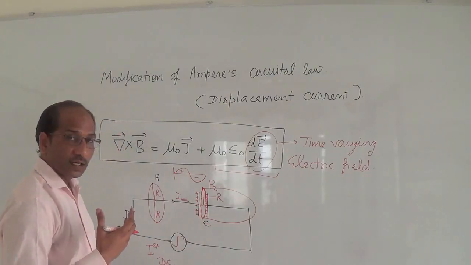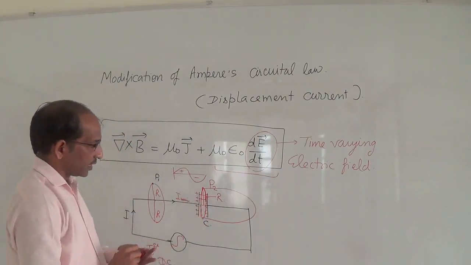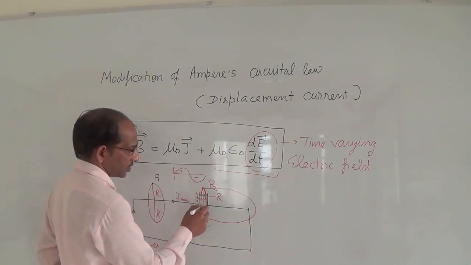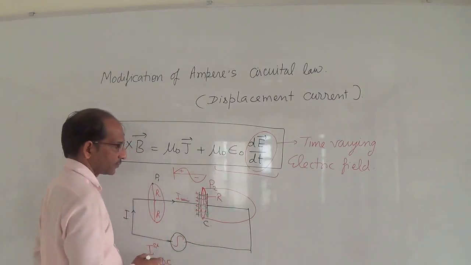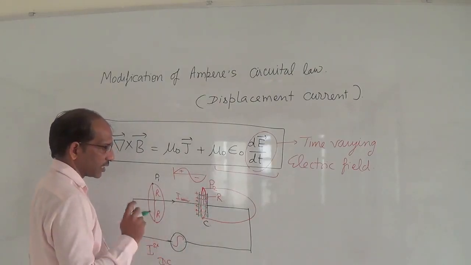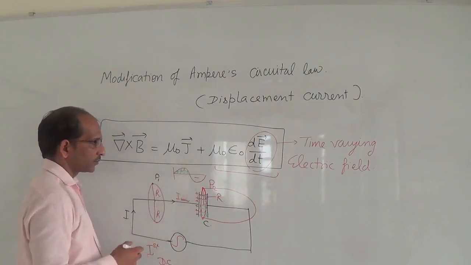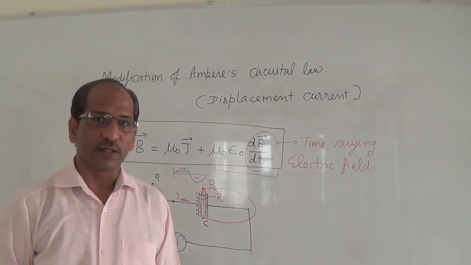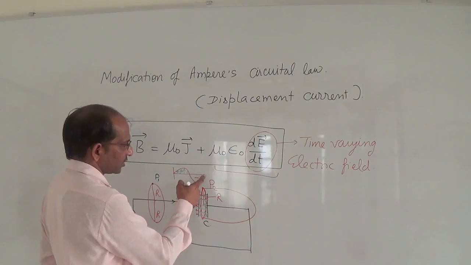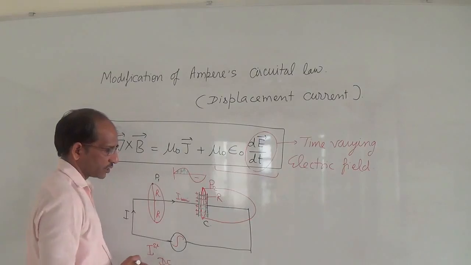So basically an electric field develops inside the capacitor, and this is the direction for that particular time. As the cycle changes, the direction of the field also changes, in addition to the variation in the magnitude of the electric field. As the magnitude of the current changes, the magnitude of the electric field will also change.